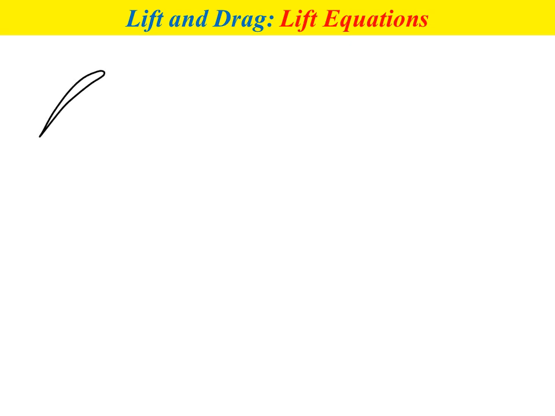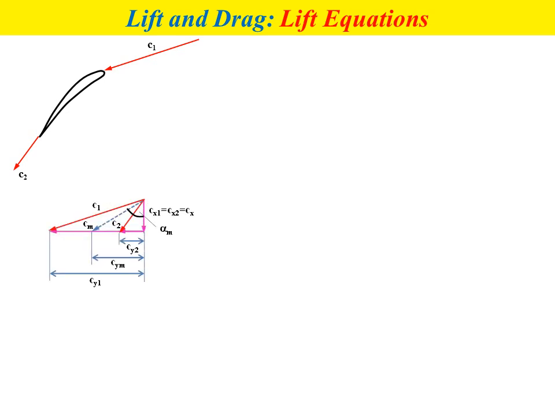Looking at this schematic diagram, it is for the blade profile that consists of inlet velocity vector C1 and outlet velocity vector C2, and we can create a velocity diagram for both C1 and C2. We get this combination of velocity diagram that we have learned in the previous lecture, and it also includes the velocity vector Cm.